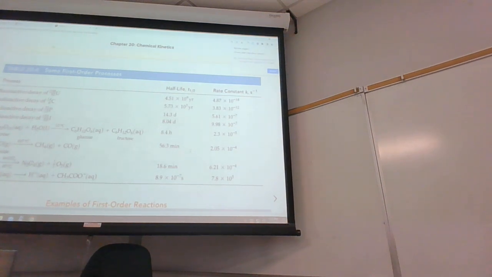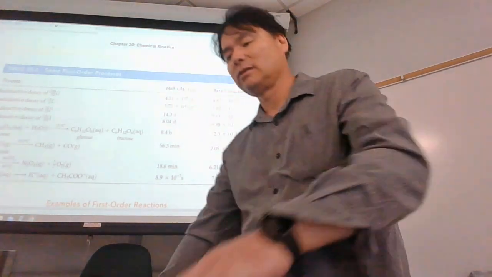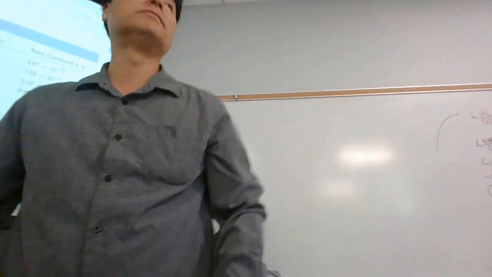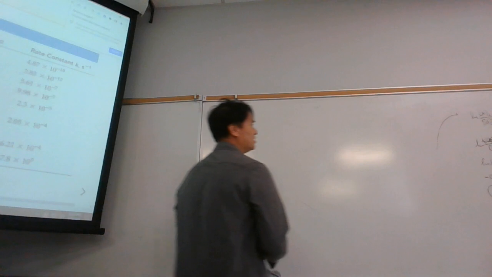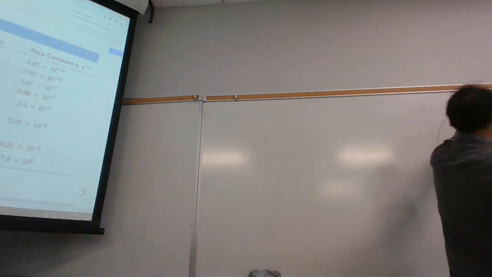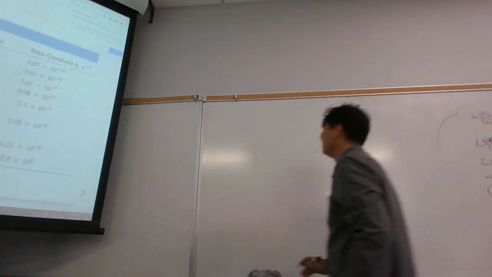A at time t is, I only have 10% left. And so that would be 0.188 times A0, 10% left. And then A0 cancels, and I'm taking the natural log of 0.1 to figure out the time. That's one way. I could just plug it into the integrated rate law and see how long it takes for 90%. I would have 10% over, and this is the amount remaining, the concentration remaining at time t.